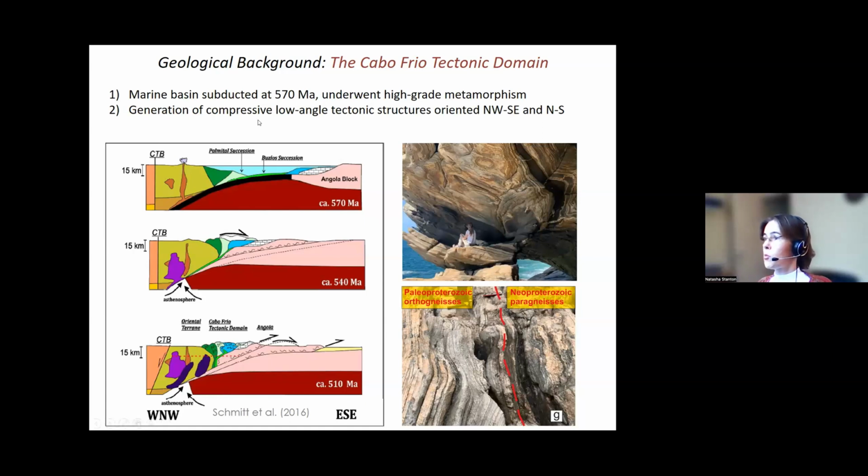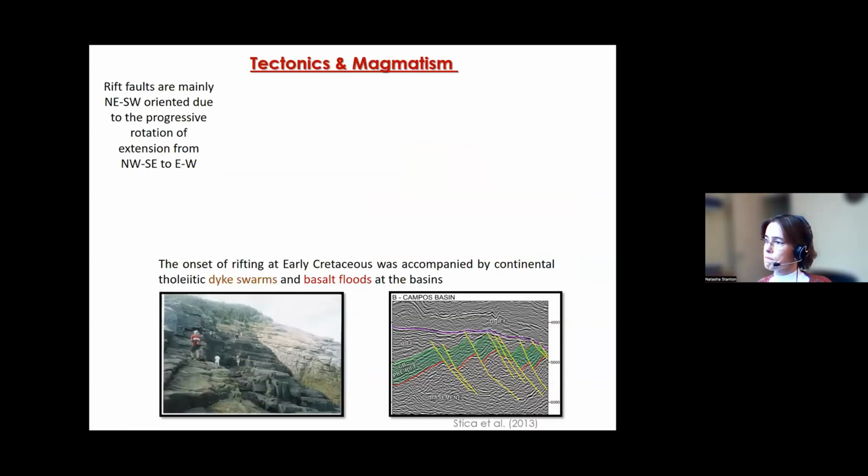These processes generated compressive, low-angle tectonic structures seen here. This terrain is oriented northwest and north-south, which is important because it is orthogonal to the rest of the Ribeira belt on this side. This influenced the propagation of the rift.